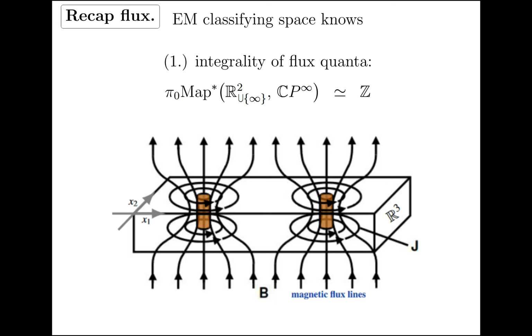So here's a picture that comes from some textbook on Abrikosov vortices in superconductors, where the mechanism is the same. The flux lines will concentrate in integer units, and that is kind of known by our classifying space. Had you chosen a different classifying space, it wouldn't be true.